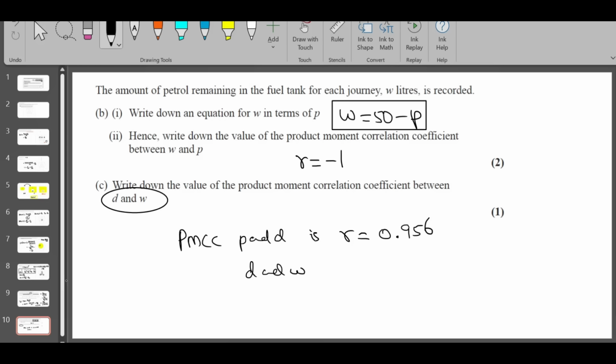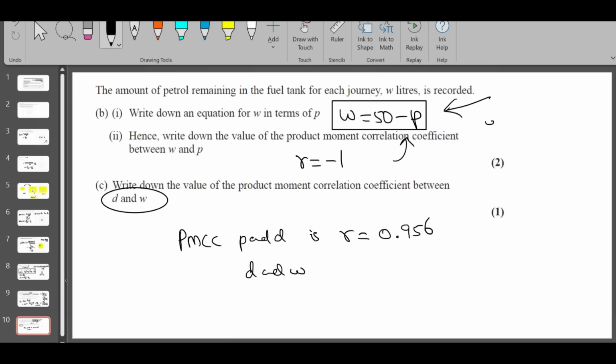The W is given in terms of P, right? A linear equation, correct? It's like a coding. Usually the coding will not affect the product moment correlation coefficient.